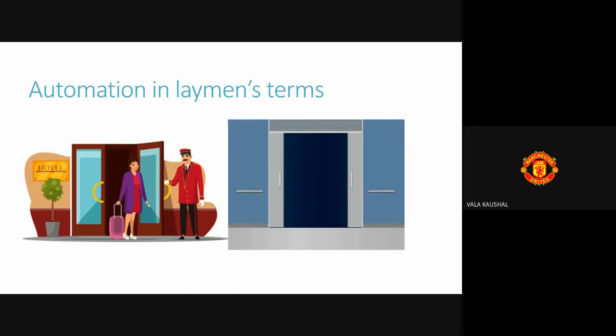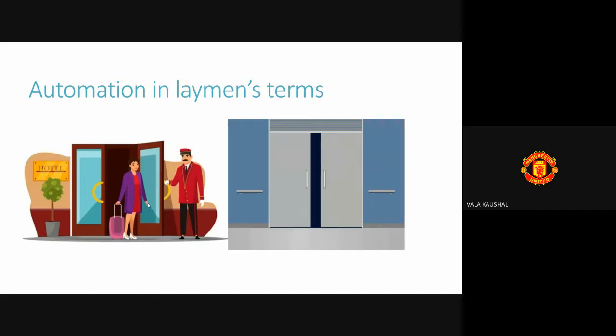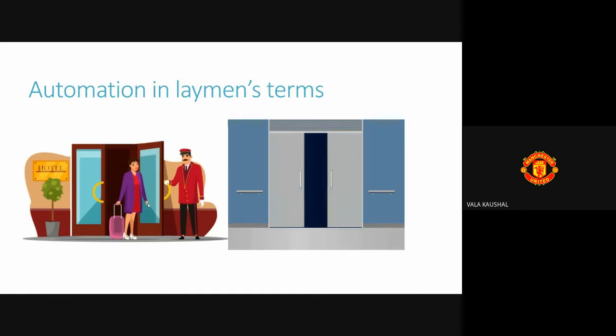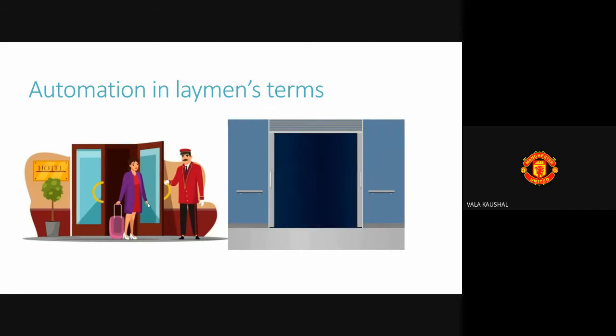We don't require any doorkeeper for the second image, right? And the same way for the verification flow, we can have higher efficiency or a good quality result if we are using some kind of automation.